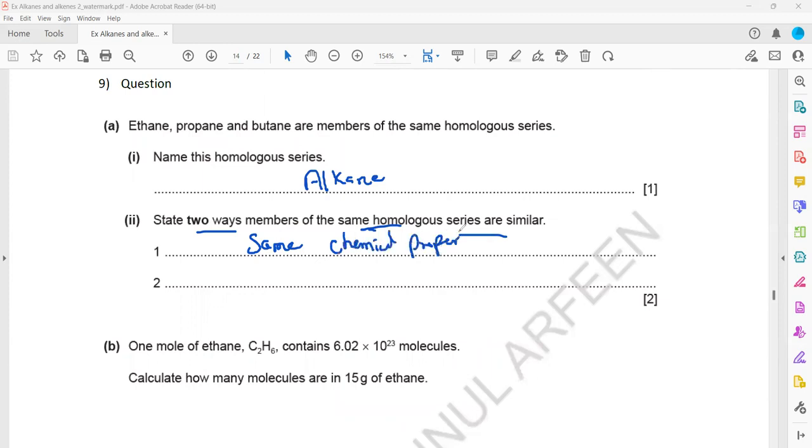Each member differs by CH2. But we need the similarity here, not the difference. Chemical properties are similar: most of them react in the same manner. For example, if we react them with any halogen, they will have the same type of reaction.